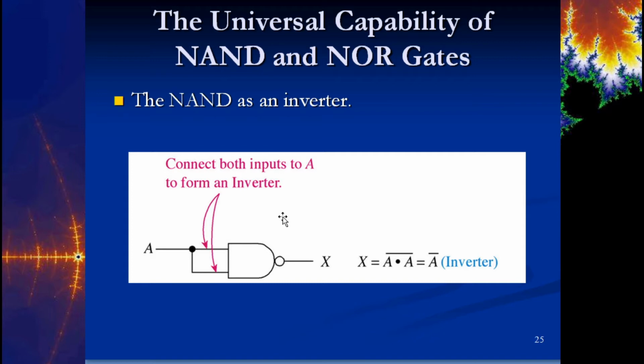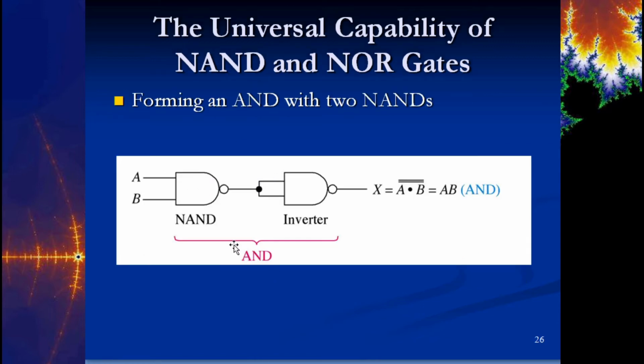It goes along with the bubble pushing, and knowing essentially what the logic truth table should be, and then using NAND gates and NOR gates as an inverter, right? Or using it as the NAND or the NOR gate. The idea is that we can make any of the gates if we just use NANDs and NORs. So if you wanted to, you could stockpile NANDs and NORs and create any of the other gates.